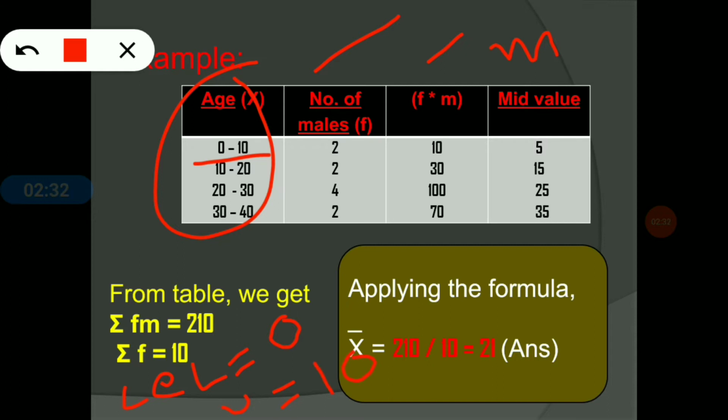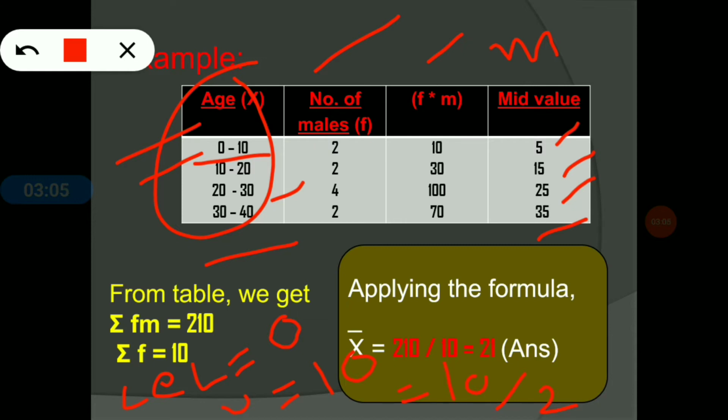So, 0 plus 10 equals 10, and 10 by 2 equals 5, which is the mid value for the first variable. Now going to the second one: 10 plus 20, divided by 2, that means 15. Now the third one: 20 plus 30, divided by 2, that means 25. And the last one: 30 plus 40, divided by 2, that means 35. I think it is clear what the calculation process of the mid value is.